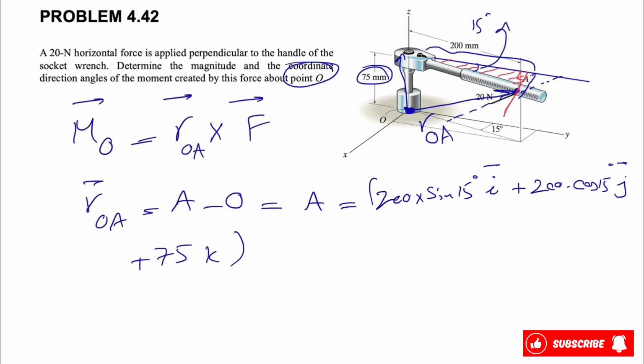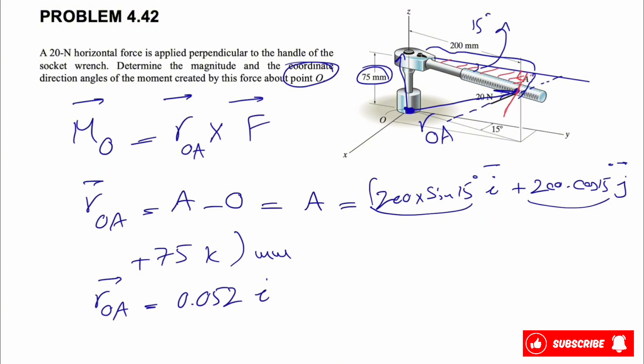All these dimensions are in millimeter, so if we want R in meter, we need to divide everything by 1,000. If we do that and calculate, for the I component we get 0.052.